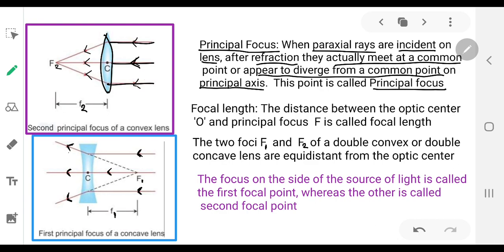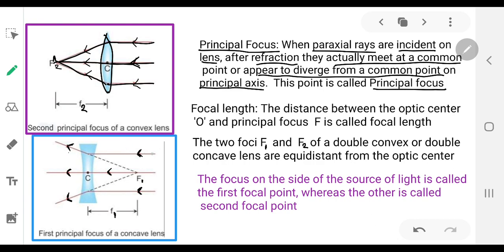The center one, you can see, is passing through the optic center, so it is passing undeviated. The two rays are getting refracted, meaning they are changing their direction of propagation after passing through the other medium. After refraction, they are meeting at a common point in case of a convex lens.